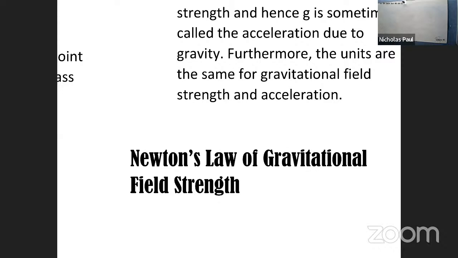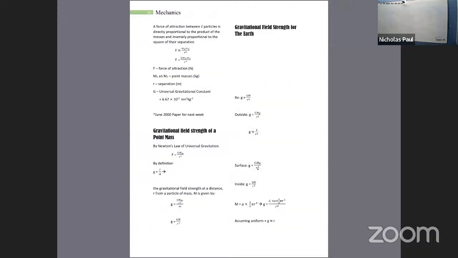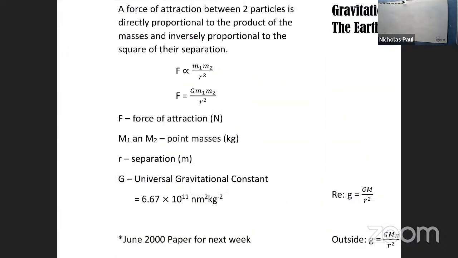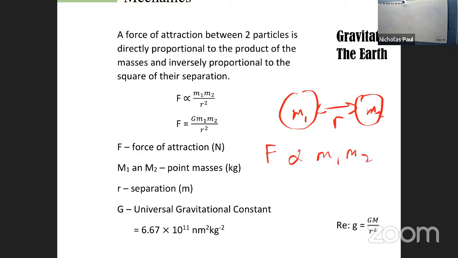Oh okay, all right, so now we want to take a look at Newton's law of gravitation. This is something that you may have done already. If I give you two large objects, one is M1 and one is M2, and they're separated by a distance r, there's a relationship discovered by Newton that the force of attraction between those masses is proportional to the product of their masses, meaning the bigger the mass, the bigger the force.